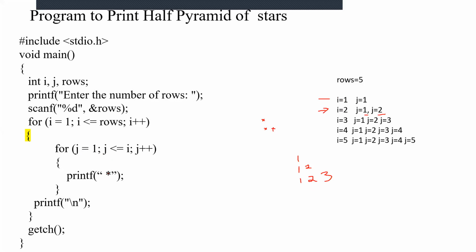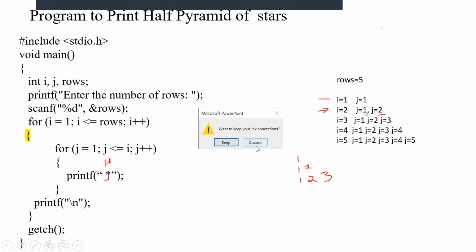So if you directly print the value of j instead of this star, I'll show it in the program. How to print the value of j? You have to give percentage d, right? So if I print the value of j, I will be able to print a triangle of numbers. Are you getting it?